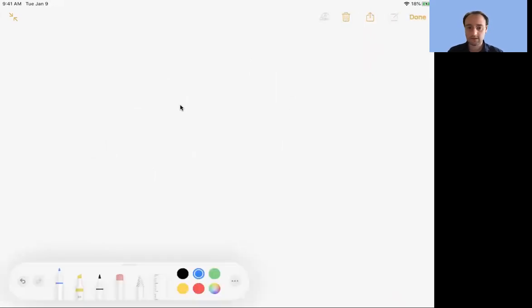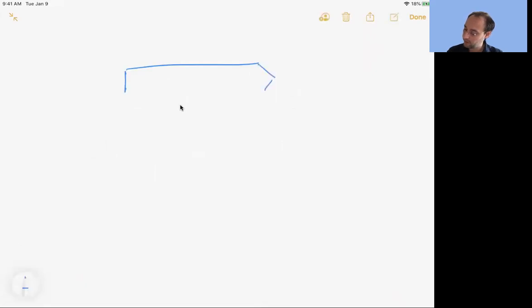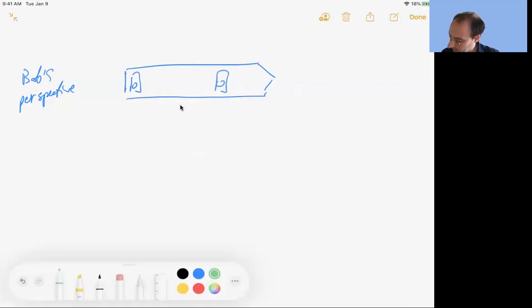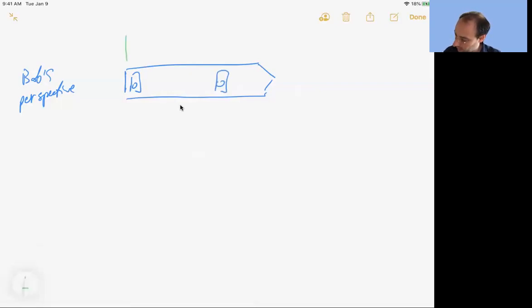So here is Bob. And again, Bob's perspective. This reads 0. This one here reads 0. And this is Alice moving. This reads 0 by construction, but the question was, what does this read?